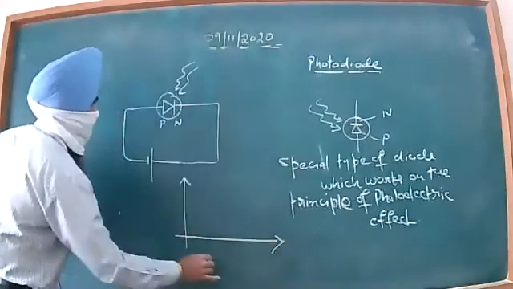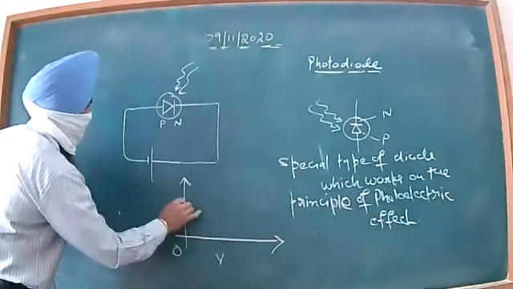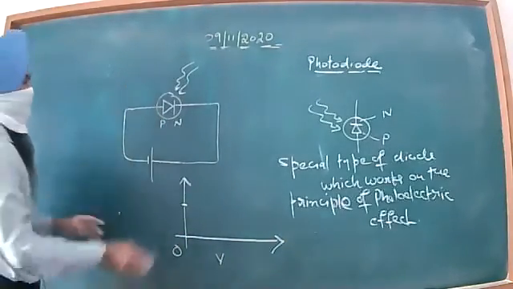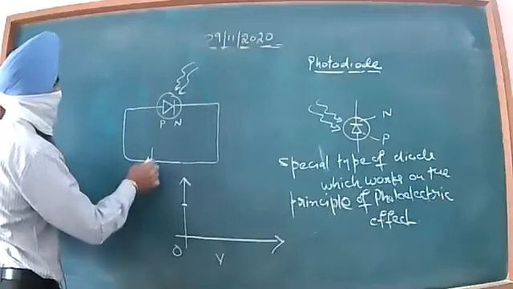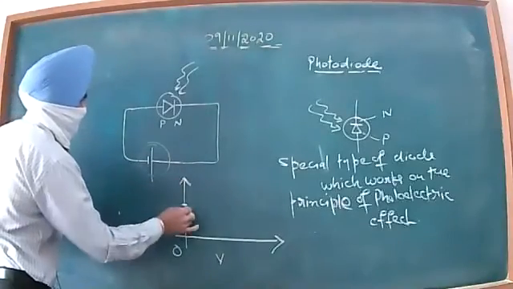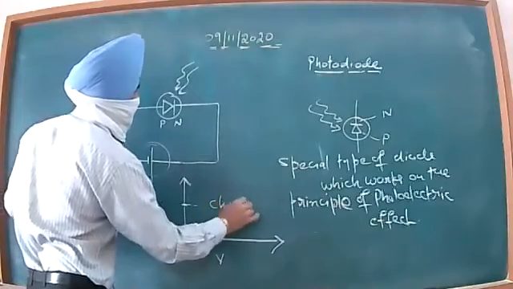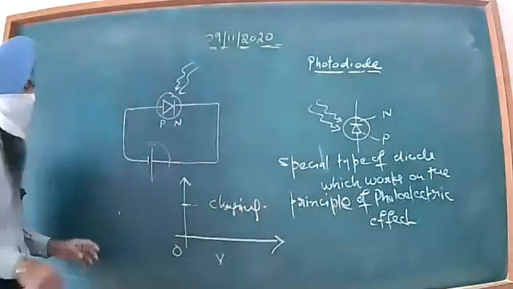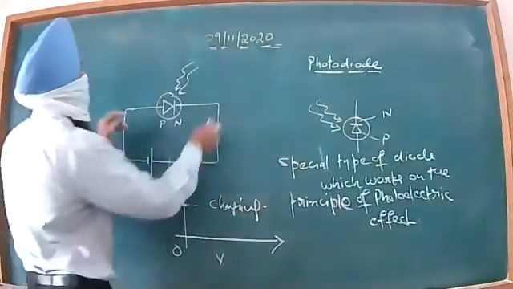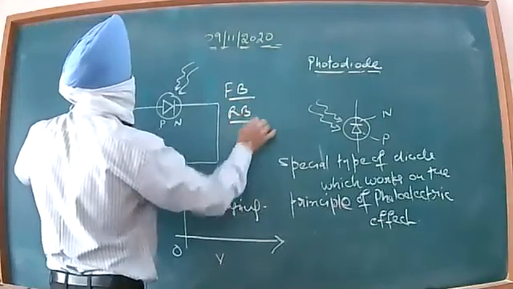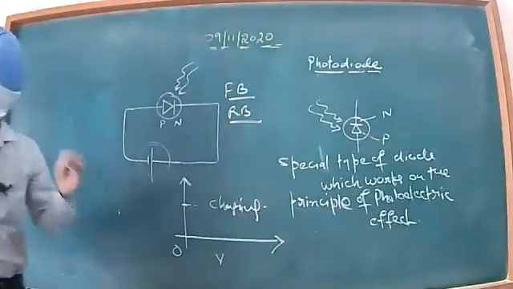Suppose we have 0 volt, even then we will have some current only because of this, beta. And when its voltage is increased accordingly, the current will keep on changing, beta. So in this manner, we can have this photodiode in forward biased or reverse biased circuits as such also, beta.